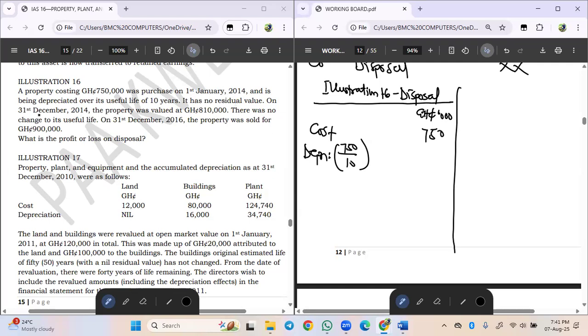Revaluation was done on 31st December 2014, so it's the same year. The depreciation we will calculate is just 1 year. So definitely that will give us 75. This will be the carrying amount as at 31st December 2014. Please, what's the carrying amount as at that date?